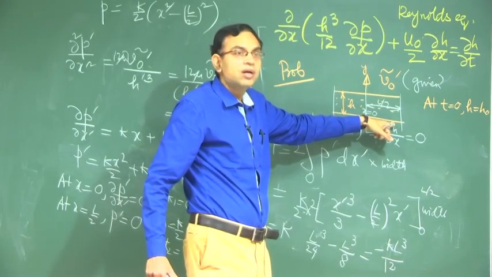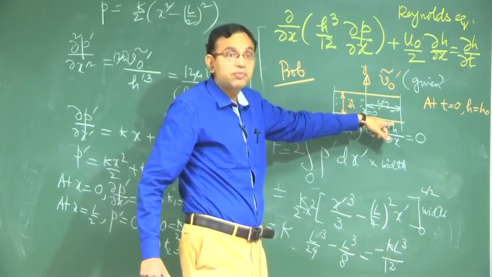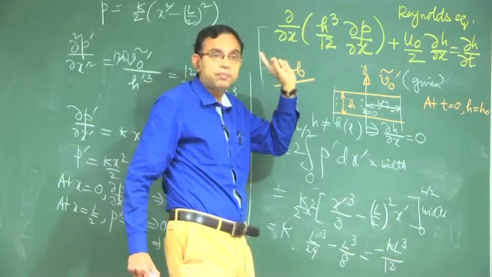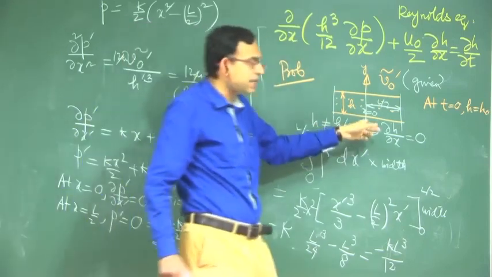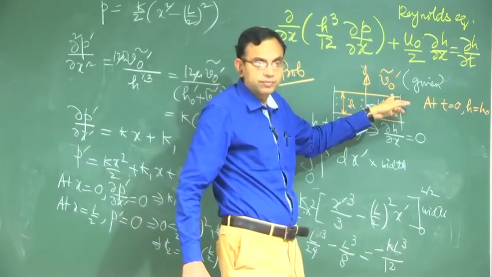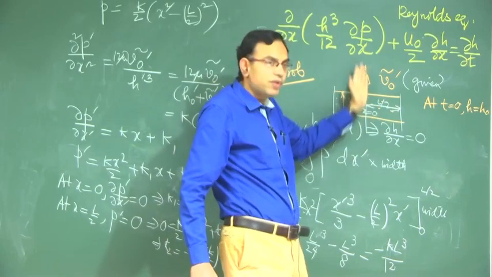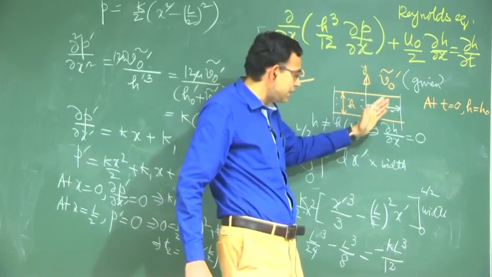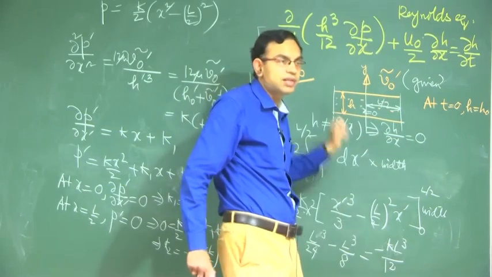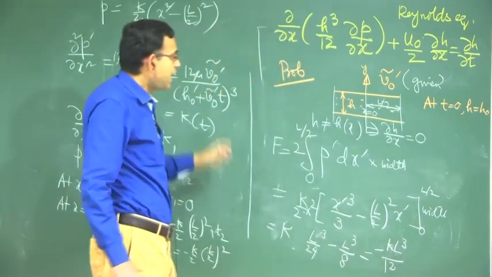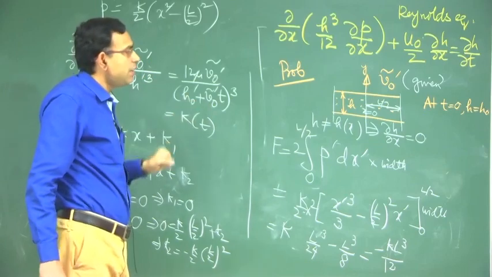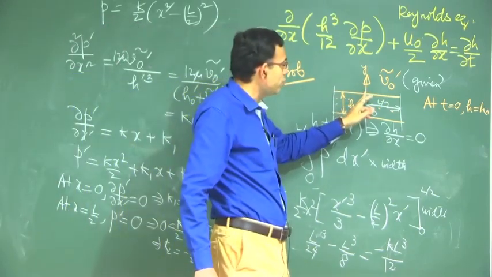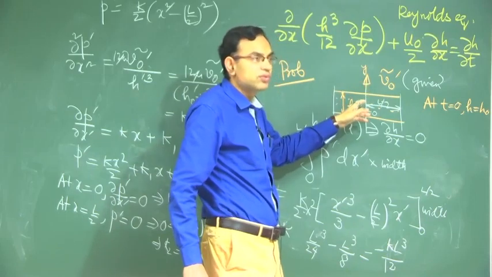So, for solving any problem you have to keep in mind the assumptions of the theory. The basic thing is that H is much less than L. So, when this plate is moving up and up, at some time H will become comparable with L and then this theory fails, this prediction of force does not work. On the other hand, the other limit is a very interesting limit, when the plate instead of moving up comes down.